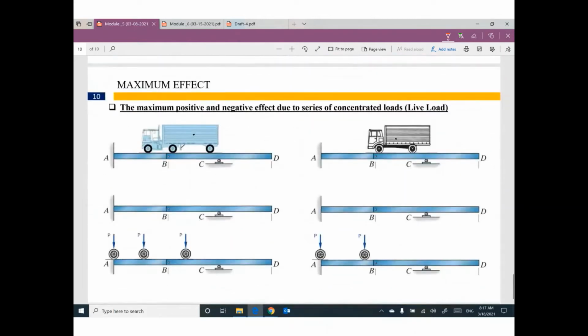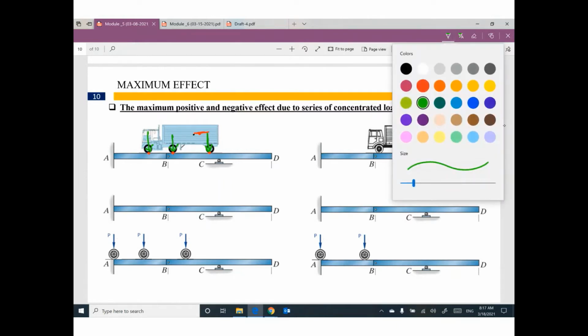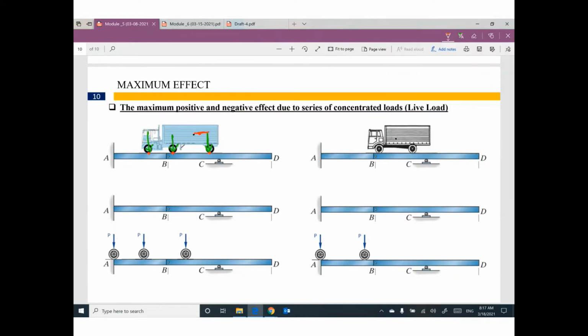What about if the moving load is a truck? The contact between this truck and this bridge will be through this point and this point and this point only. So what makes sense is this truck will be represented by 3 concentrated loads. We cannot represent these trucks by uniform distributed load, something like this.